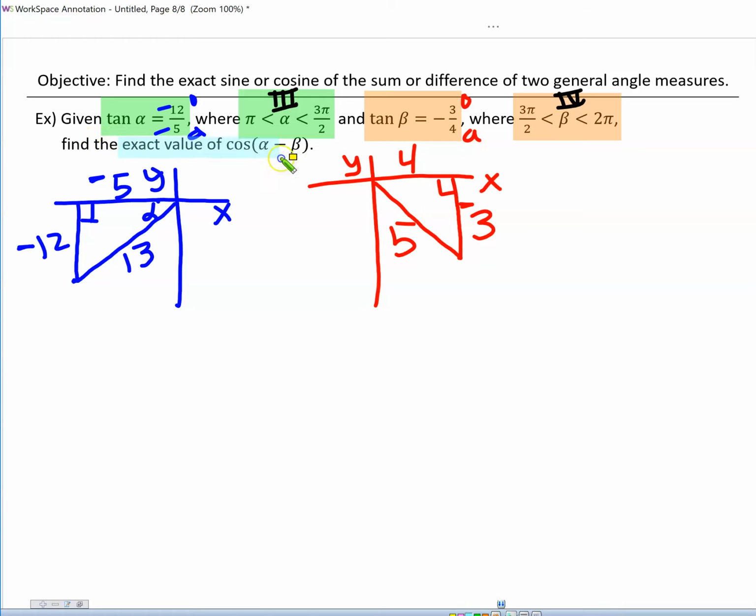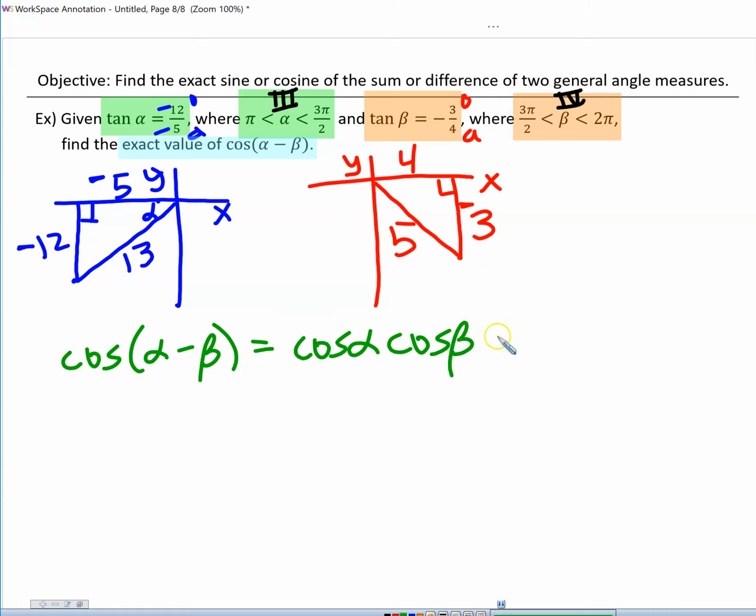All right, so now we are going to look at our identity. The exact value of cosine of alpha minus beta will be the cosine of alpha times the cosine of beta plus the sine of alpha times the sine of beta. And now we're going to plug in our values from our triangle. So cosine of alpha, I forgot to put my little beta prime in there.